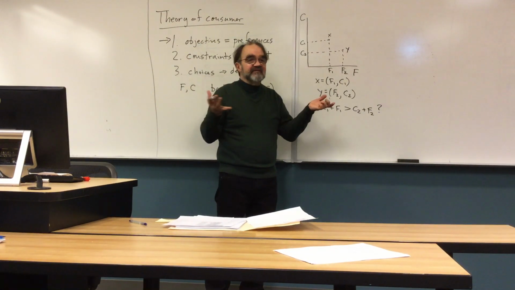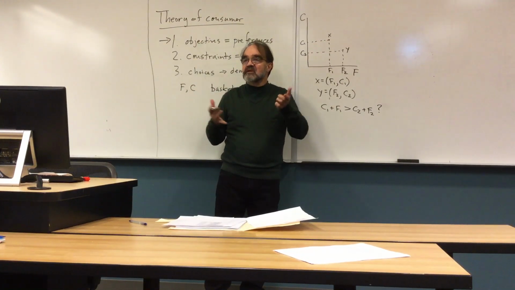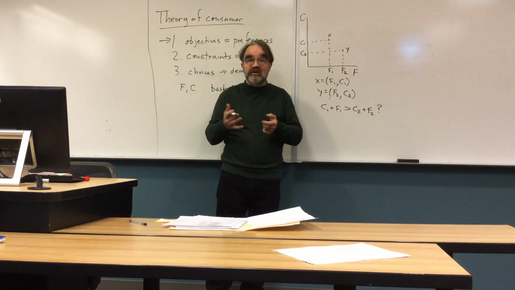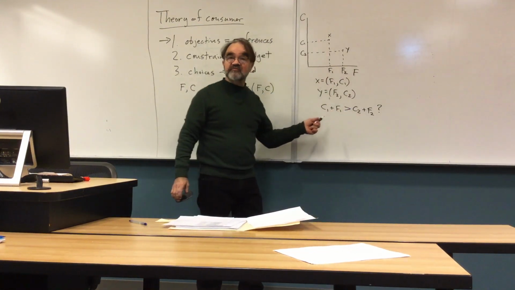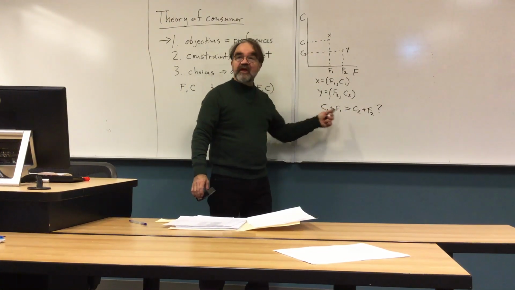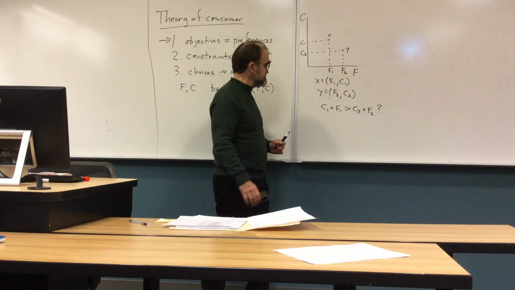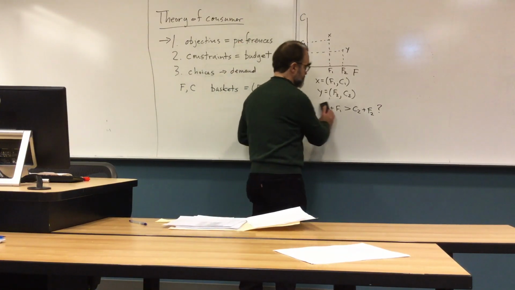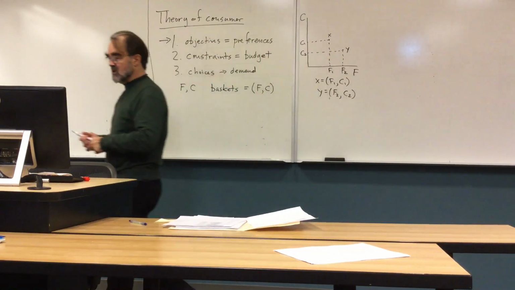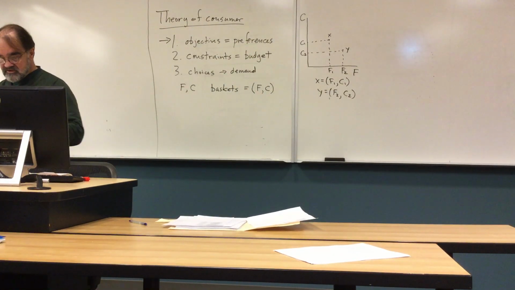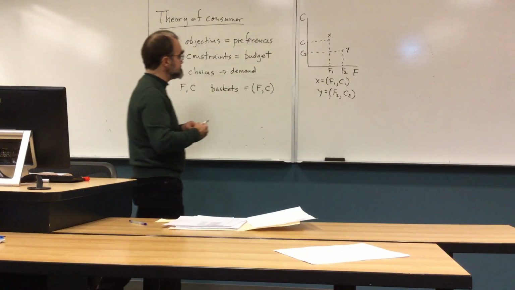You can't add these, they're things that cannot be added. They're incommensurate. So adding up the total number of units of clothing and food for each of them is not going to answer the question of what the consumer prefers.